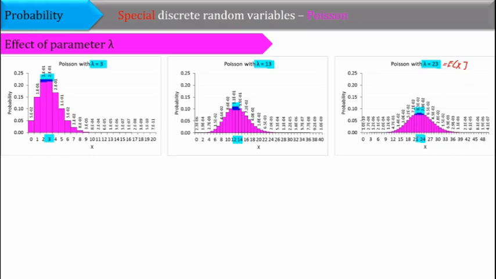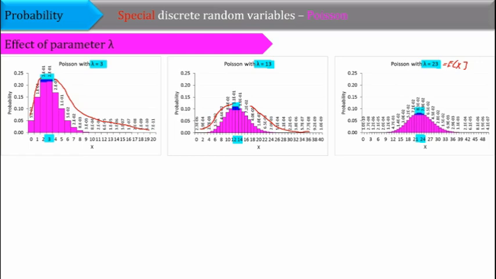Now, if we look at the shape of each one of these, where lambda is fairly small, equal to 3, this distribution is positively skewed because it has a long tail on the right-hand side. When lambda is slightly bigger, equal to 13, this distribution is still positively skewed, but it's not as bad as the first one because the tail on the left has become a bit longer.